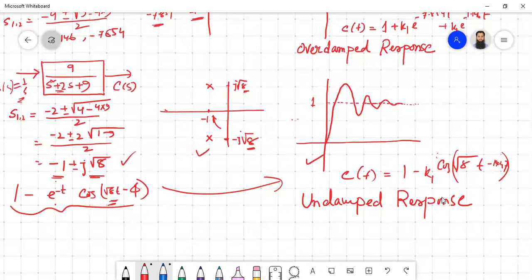I'll be asking one question once all the cases have been discussed: which one is actually suitable or desirable for our system? This is a question you always have to keep in mind. Whenever you are learning something, which one you prefer, which response you may or may not be able to achieve, depending on the existing system, then you go for the controller.